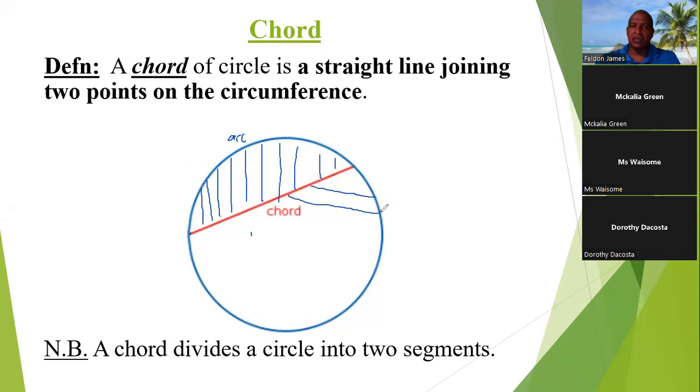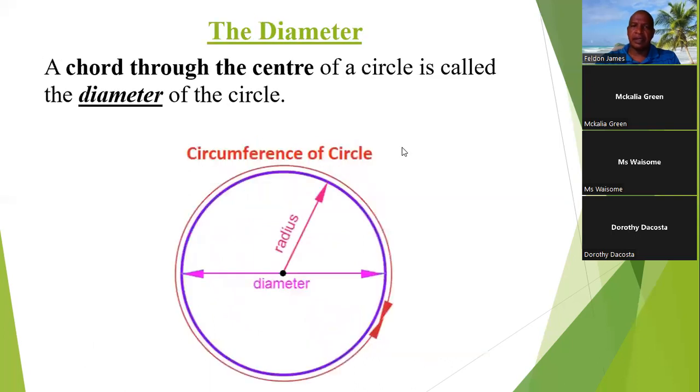The larger size we refer to as the major segment, and the smaller size is referred to as the minor segment. So this chord separates the segments, and the chord also separates two arcs. All right, so that's a chord.